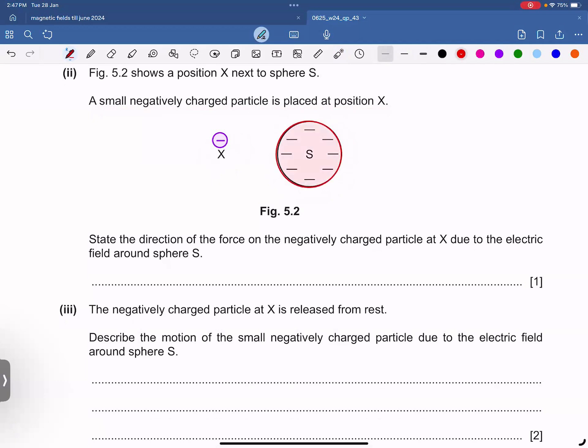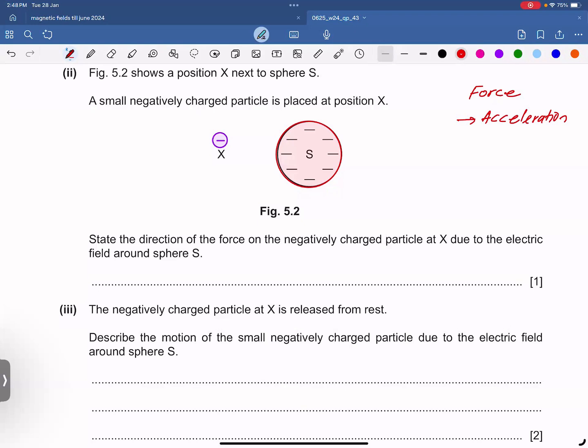So both are negatively charged. If they both are negatively charged, what happens? There is a repulsive force. And whenever there is force, there is acceleration. So this negatively charged particle will start to accelerate towards the left side.